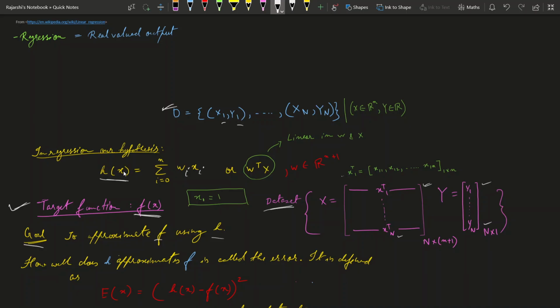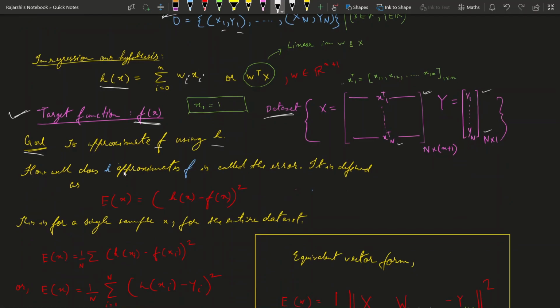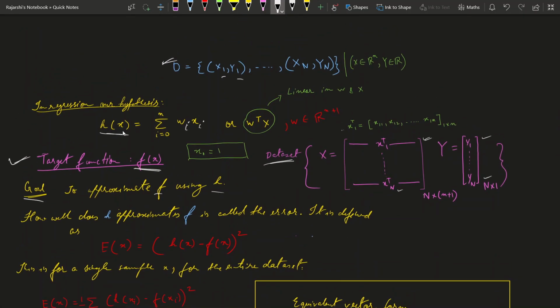So our goal is to find a hypothesis h from the hypothesis set such that it will approximate f well. Now, how well h approximates f is known as the error, and that is defined by the squared difference between the response given by our hypothesis and the actual response, which is known as the ground truth from the dataset. This is also known as MSE, or the mean squared error, and this is for a single sample.